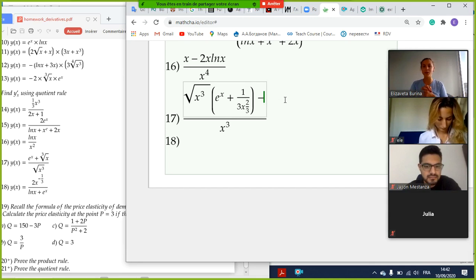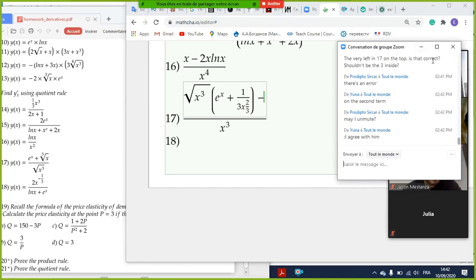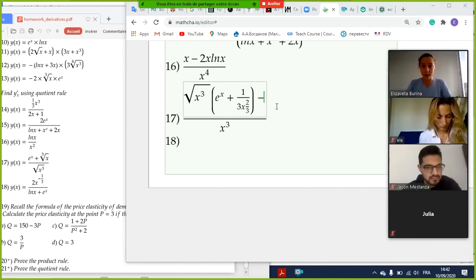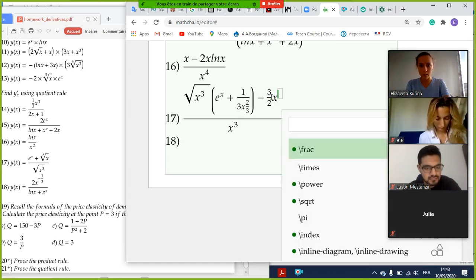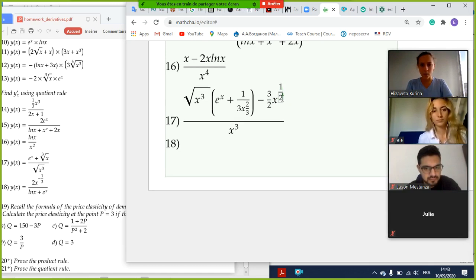Wait, I'm gonna redo it. So it is the derivative of the denominator times numerator. So the derivative of the denominator, we got it right. It was a fraction of 3 over 2. And then x to the power of 1 half. Okay, what did I do?